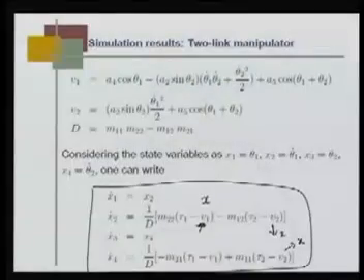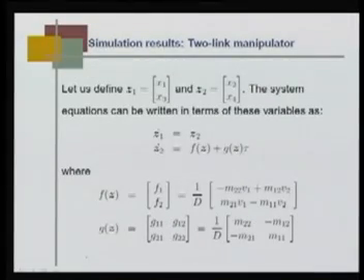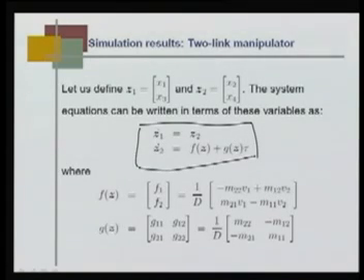So, this can be represented if we define Z1 to be x1, x3 and Z2 to be x2, x4. Then the system can be written in the general notation that we talked about, which is Z1 dot is Z2 and Z2 dot is Fz plus Gz tau.